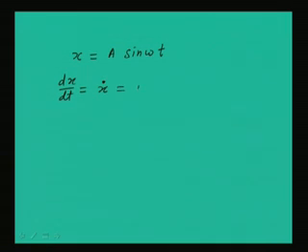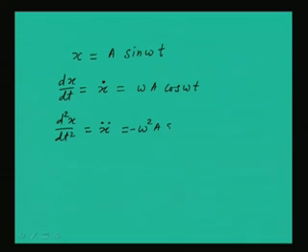So this will be omega a cos omega t, and if we want the acceleration, then we have to differentiate this once more. That will be represented by x double dot, and that will give us minus omega square a sin omega t.